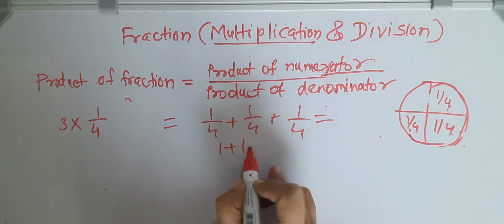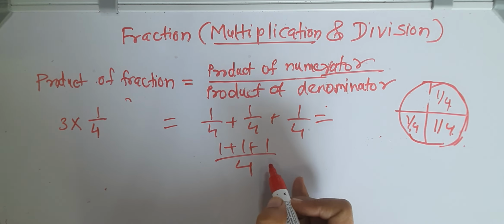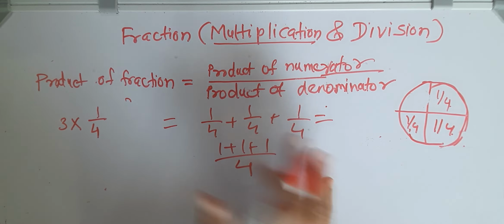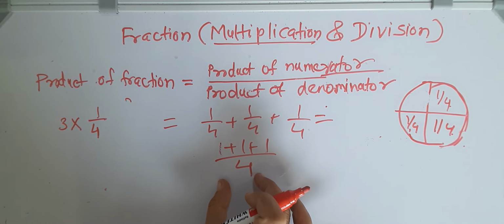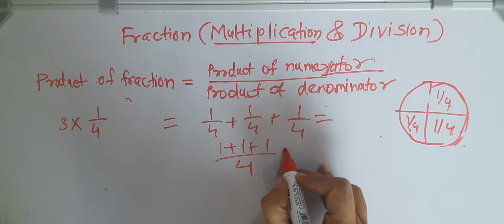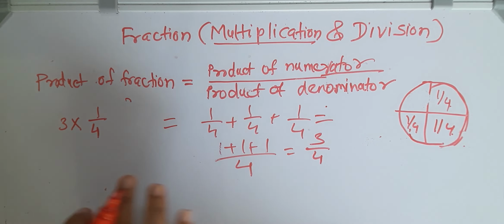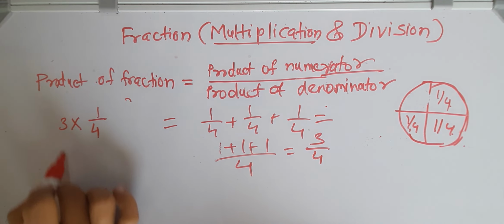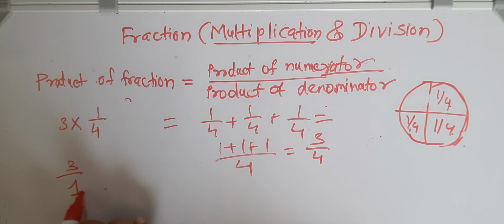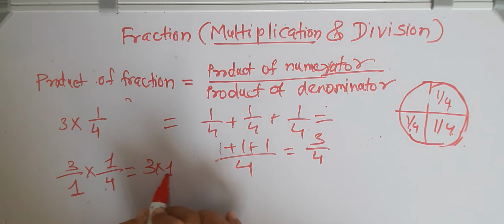As per our formula, 1 plus 1 plus 1 divided by 4. The denominator is the same, and that gives us 3 by 4. Similarly, 3 has nothing in the denominator, which means it is 1 here. Multiply by 1 by 4: that is 3 into 1 by 1 into 4, and that gives us 3 by 4.